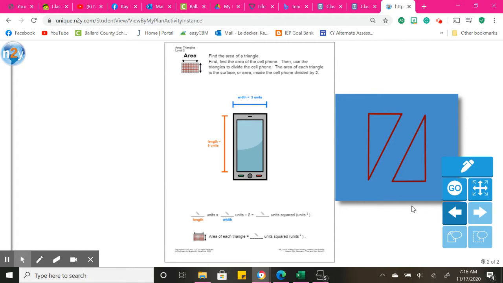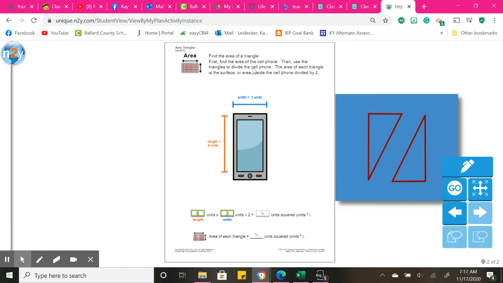Next, find the area of a triangle. First, find the area of the cell phone. So the length is 6. The width is 3. Oops, sorry, 3, I said. So we first need to find the area of the cell phone. 6 times 3 is 18. And then we divide that by 2.